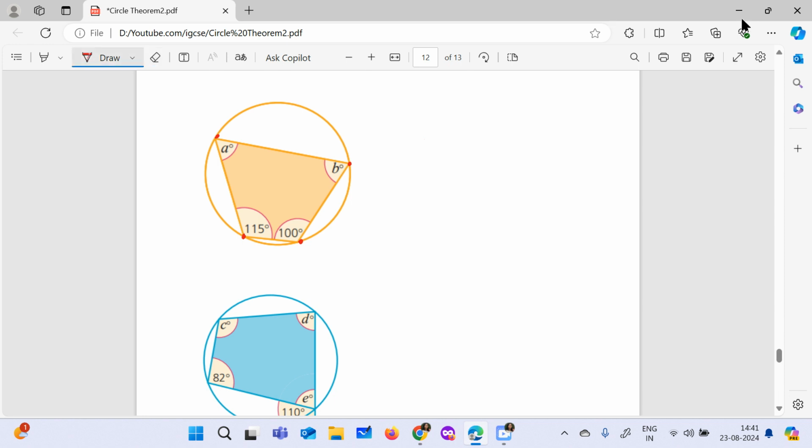Okay, so if this is 100, what will be the measure of A? A is going to be 80. Okay, because the sum of the opposite angles will be 180. So A plus 100 is equal to 180. Hence, A is equal to 80 degrees. Right?